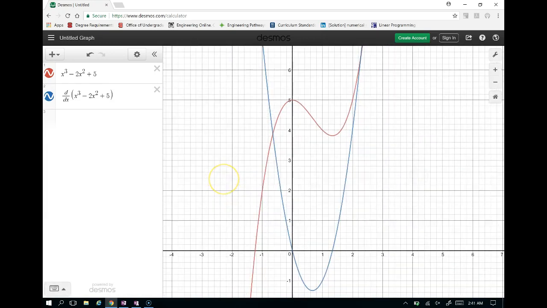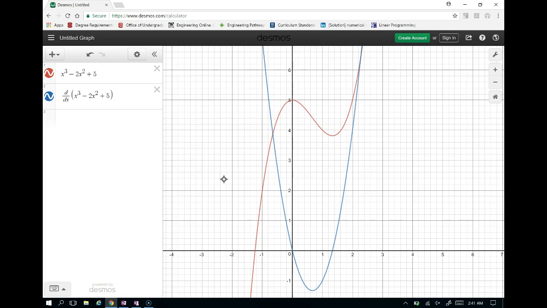So what we just said when we did these by hand is that we would look for places where the original function had a horizontal tangent line, and it looks like our original function has a horizontal tangent line right here, which means our derivative function should have a 0 right there. So if we follow that down, it's absolutely true that our derivative function is crossing the x-axis right there.